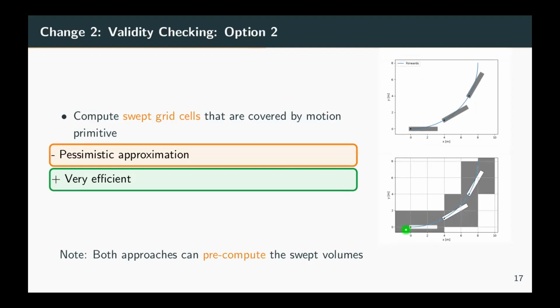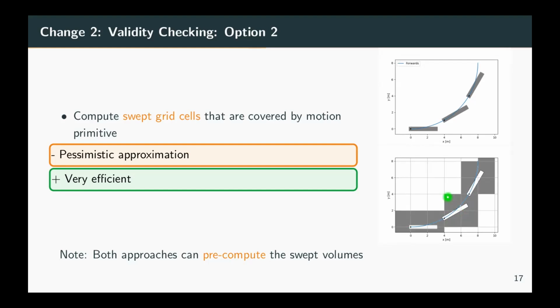The second option is to discretize your workspace as well. Imagine now, instead of looking at a true continuous space swept volume, we look at a discretized swept volume. Down here is an example where we have fixed grid cells, and whenever any part of the robot covers a grid cell, you mark it as an obstacle. It's a much more pessimistic approximation because, for example, this point over here is never really covered by the robot.